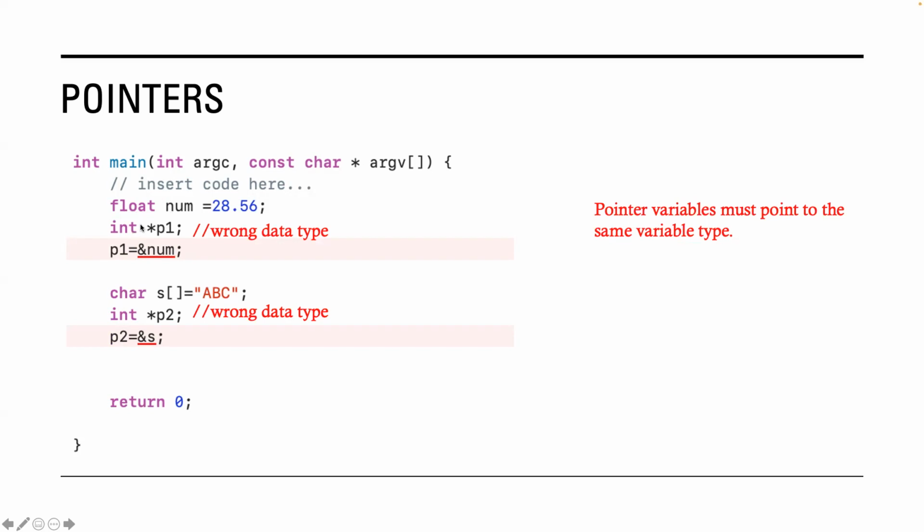If we are using int variable type, then it will give us an error. So here we have a char type array, because this is a string value, and we cannot use int type pointers to save the address of this string.